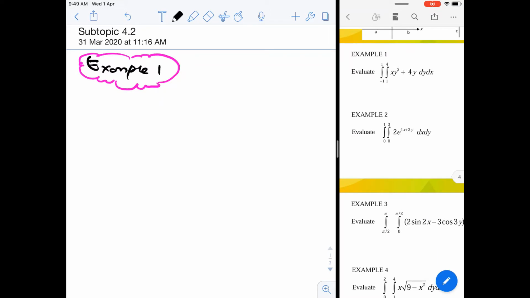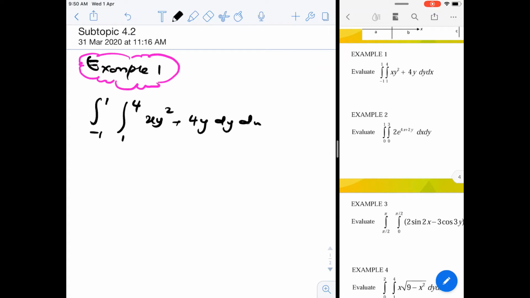Okay, we have integration from -1 until 1, from 1 until 4, we have xy squared plus 4y, dy dx.